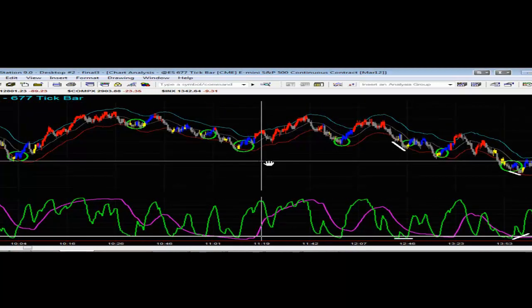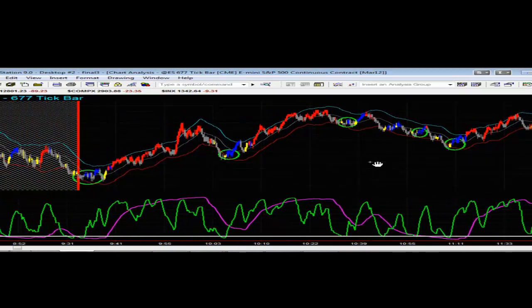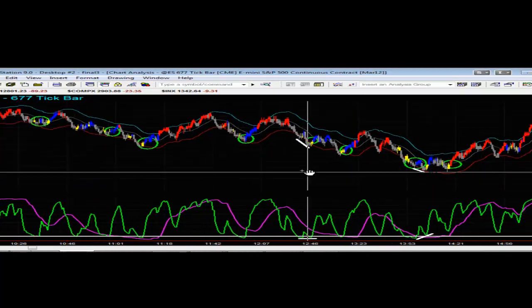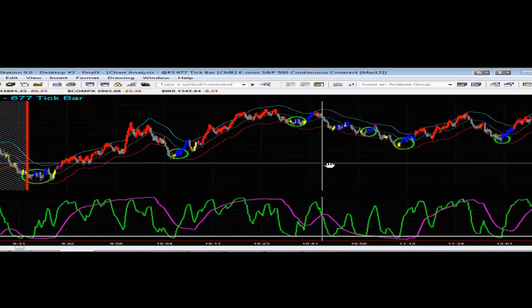But these are the calculations I use to trade. It's pretty simple. All you need to do is look for the rule set. So if you're trading by the rules and trading off support, things like that, but you can see I think we did pretty good, and we usually do.